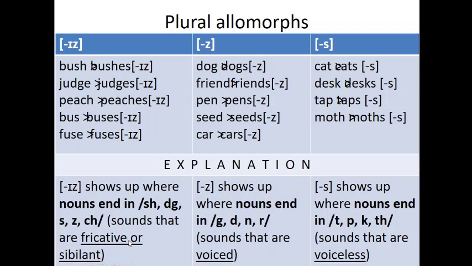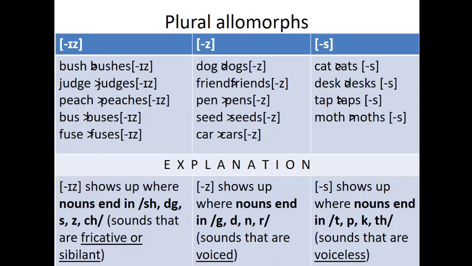So, how do I know this? Of course, I must say the words out: bushes, judges. So the allomorph is realized. But how? What leads to that? It is the fricative consonant sound at the end of that noun that actually influences, that leads to the "-es".